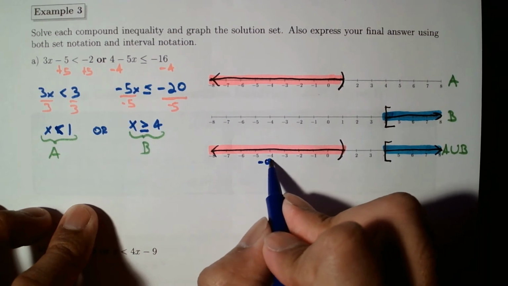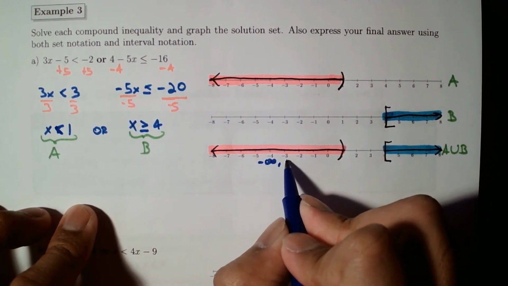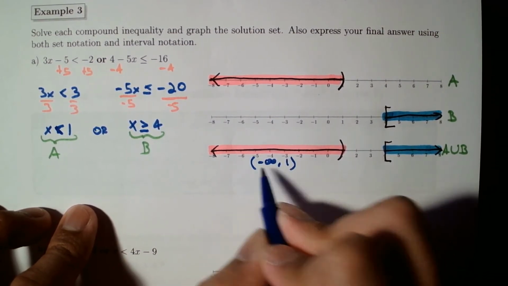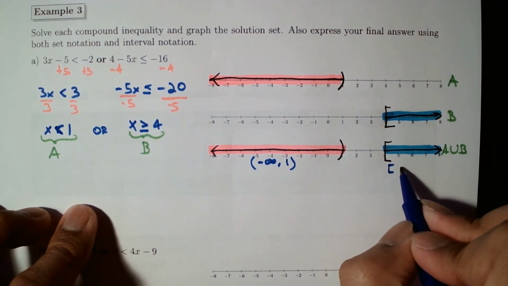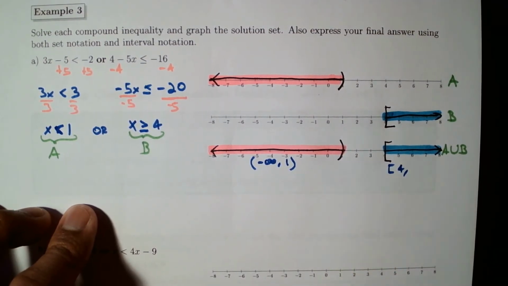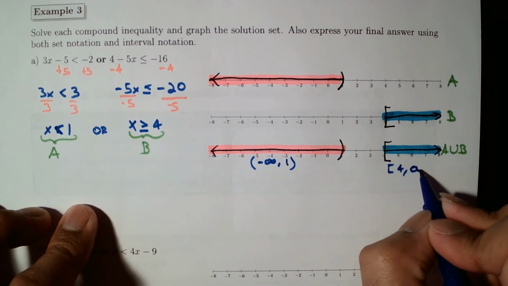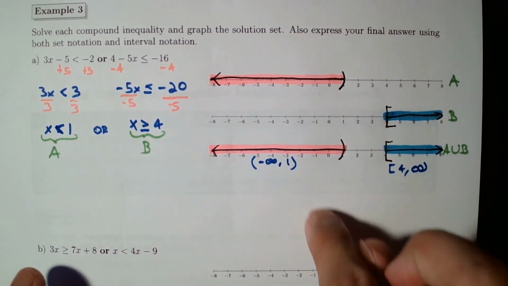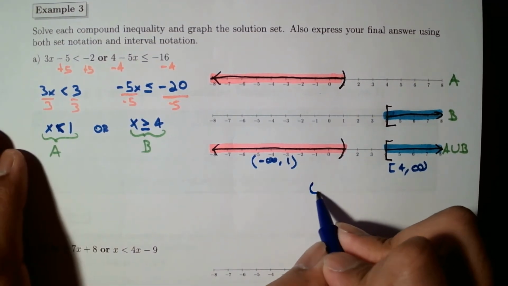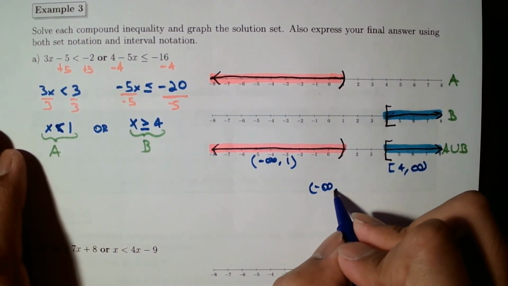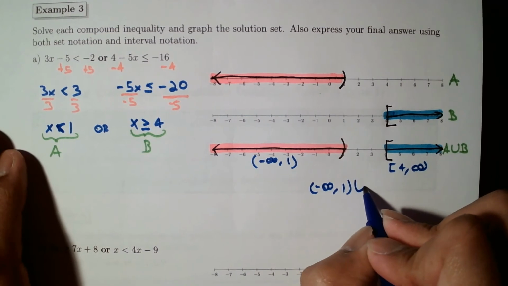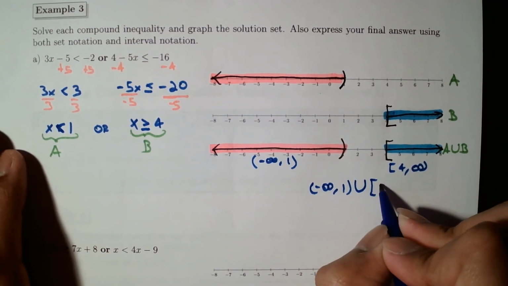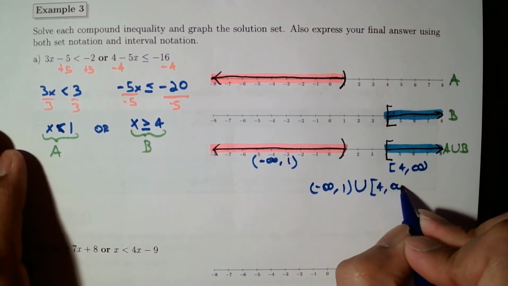this is negative infinity to 1. And this one is 4 with bracket to infinity. So all we need to do is put these two together with a union symbol. So negative infinity to 1 union 4 to infinity.